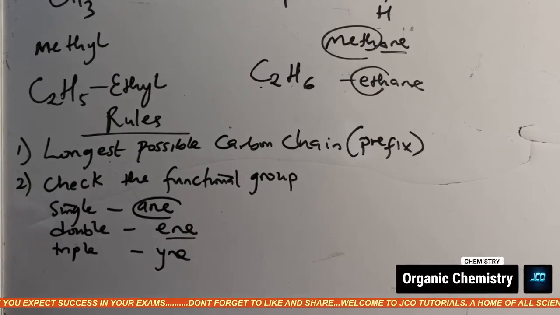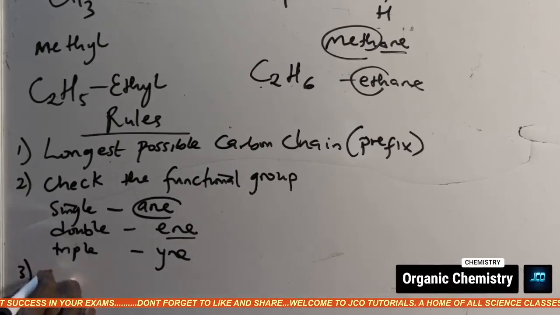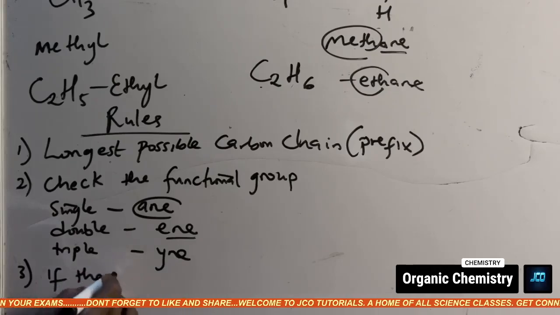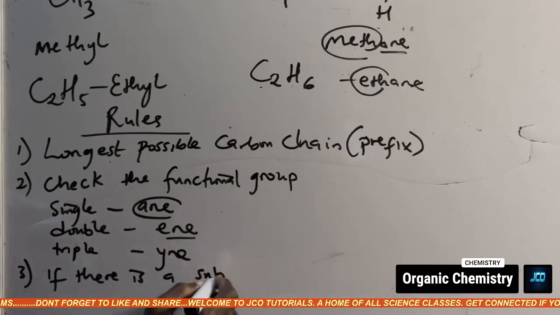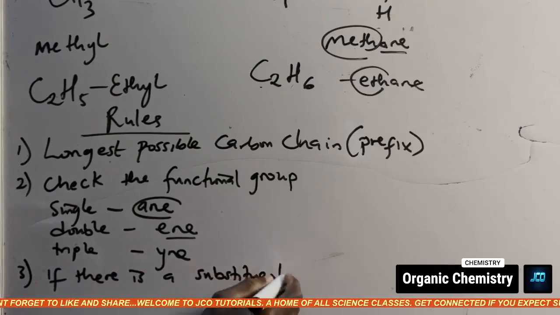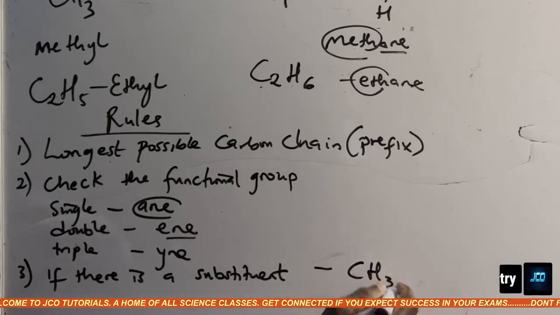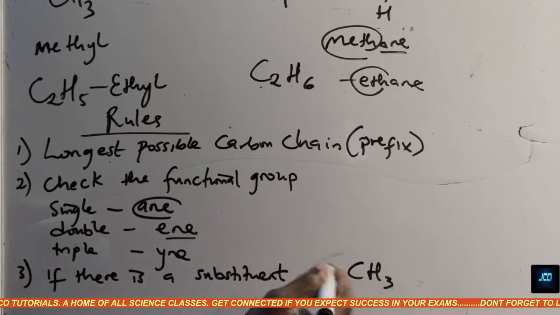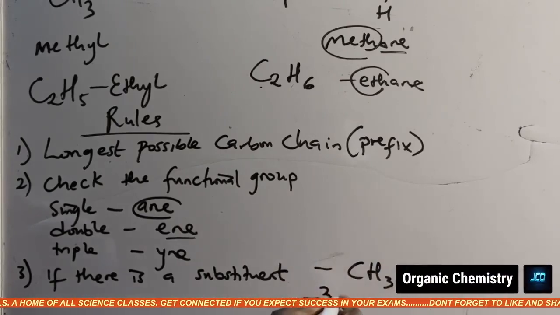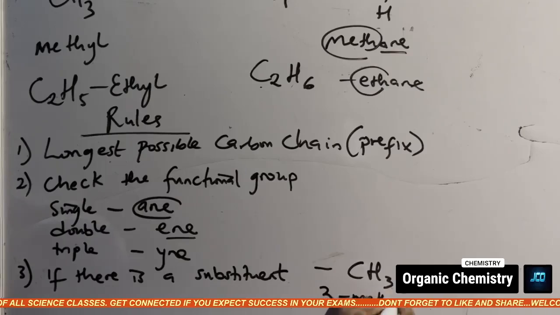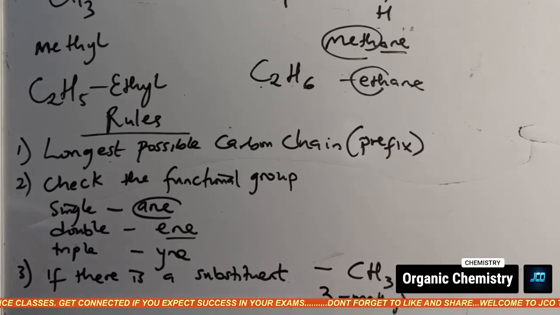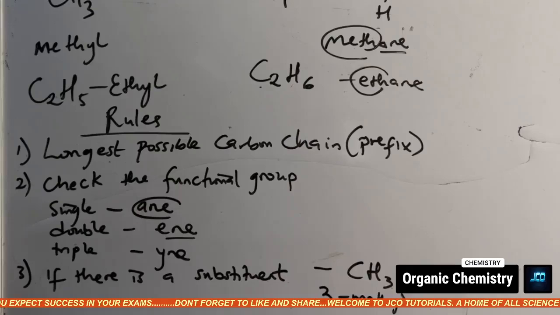The next step is if there is a substituent, you give it a number. For instance, if I have CH3 there and it's at the third carbon, I'm going to give it 3-methyl because it's at the third carbon. So just note these rules down as we progress to deal with other issues.